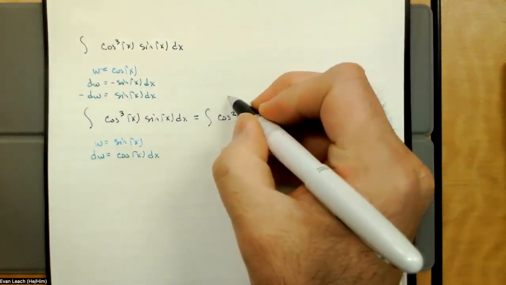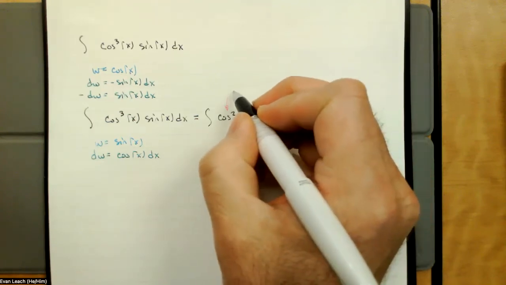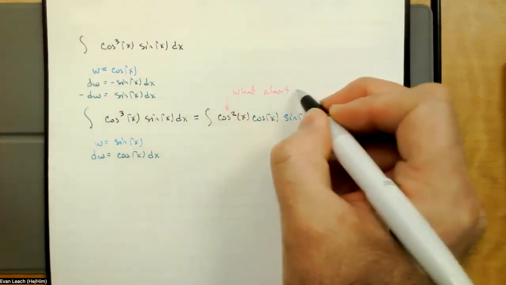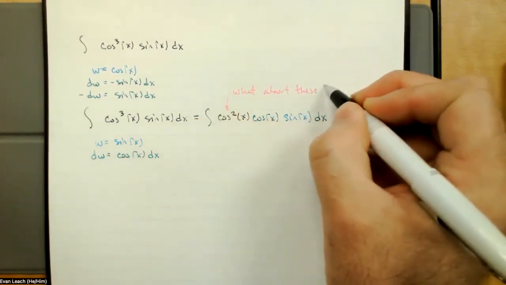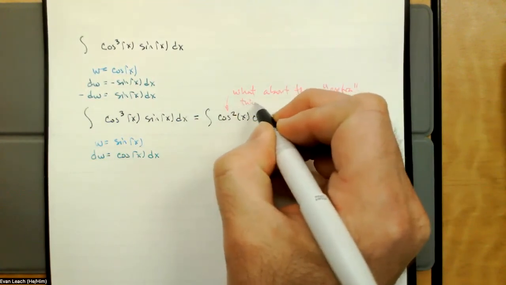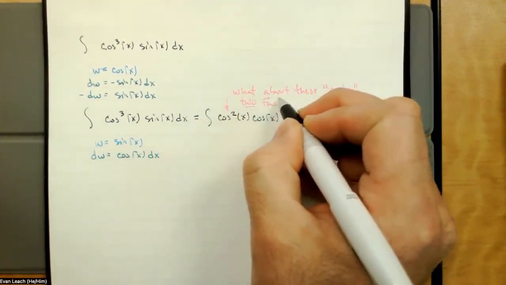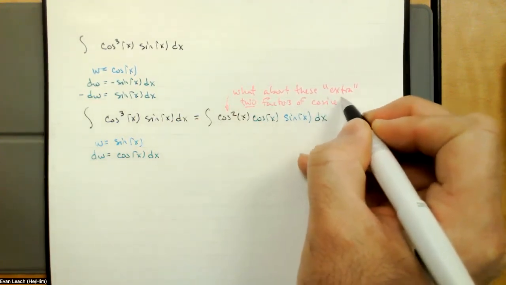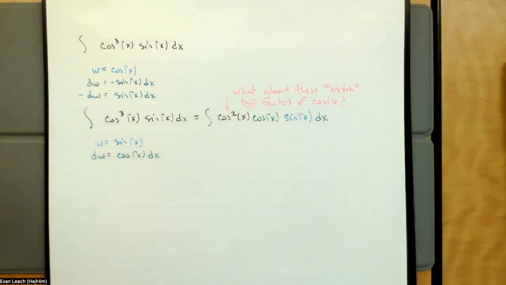So what are we going to do with these extra two factors of cosine?